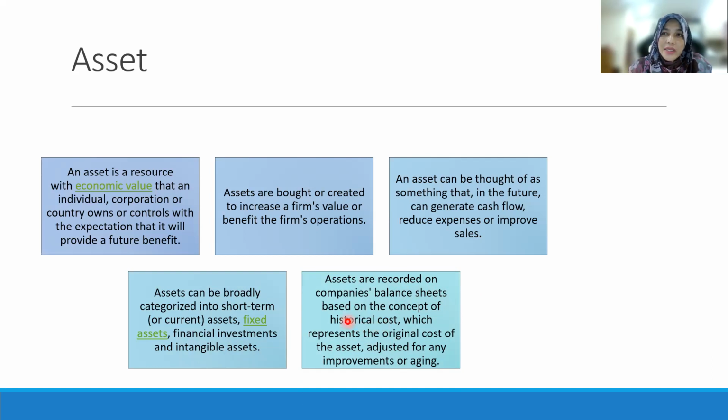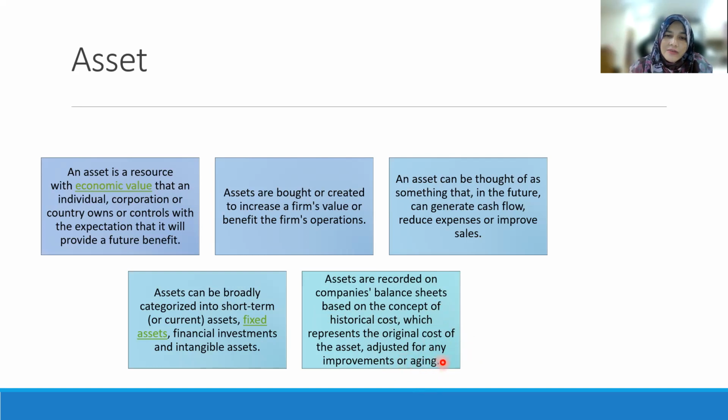For example, if the building was bought 10 years ago for 2 million, it will still be recorded at 2 million historical cost, even though the value may have increased. The increase in value will be recorded somewhere else in a reserve account, but the asset itself will still be at historical cost. So that's how the recording is done for assets.